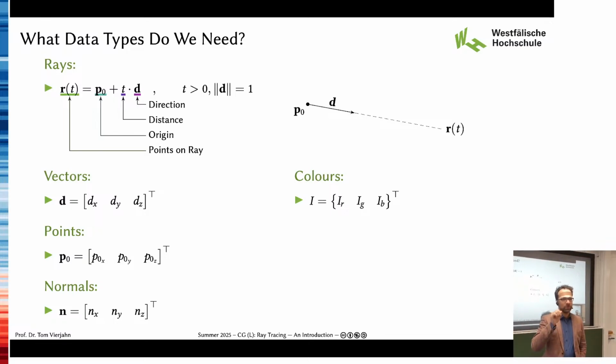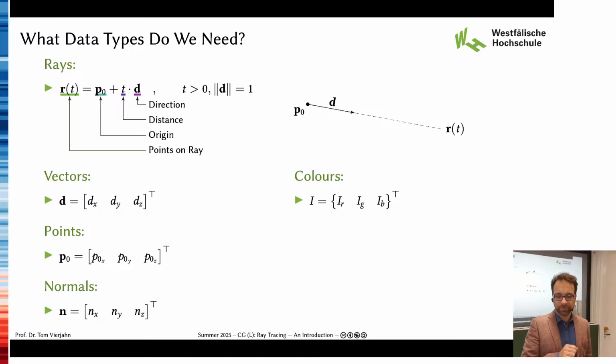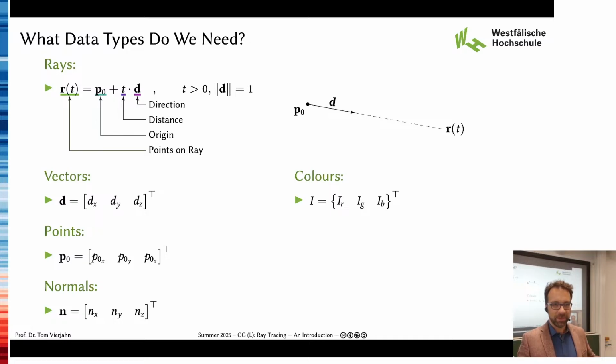And why is it called D in this slide? Vectors are used to describe directions. Points are used to describe 3D locations in space. There can be a direction, so a vector, taking you from one point to another point. The surface normal is the direction orthogonal to the surface that it refers to or that it belongs to.